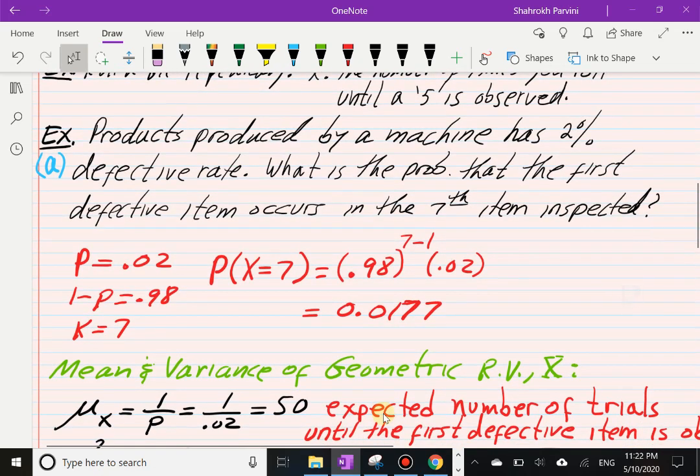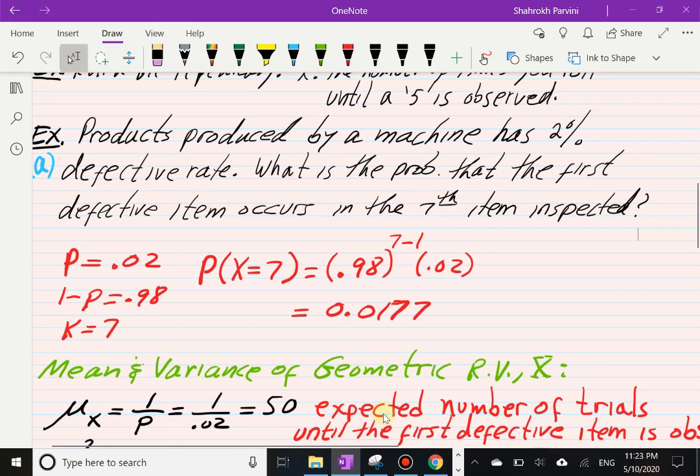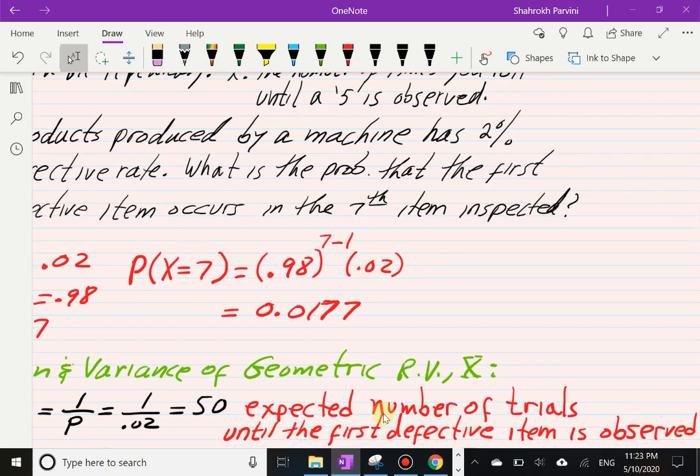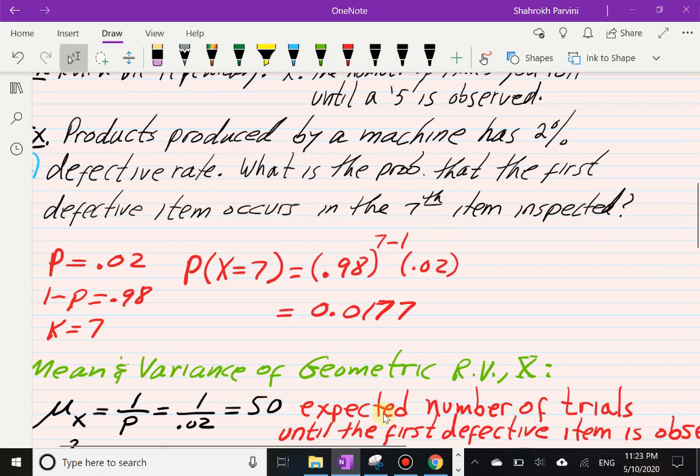What are the mean and variance? Remember, the mean is the reciprocal of the proportion. So 2% means 1 in 50, a 1 in 50 probability of defective. That means you would expect to see the first defective on the 50th trial. That's what this is, the expected number of trials until the first defective is observed: 50.